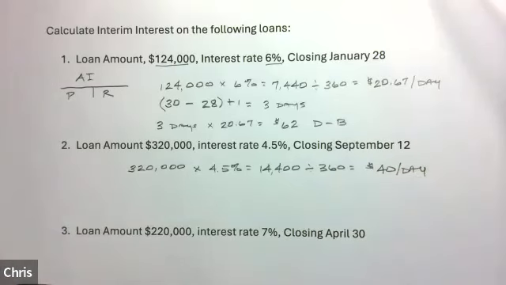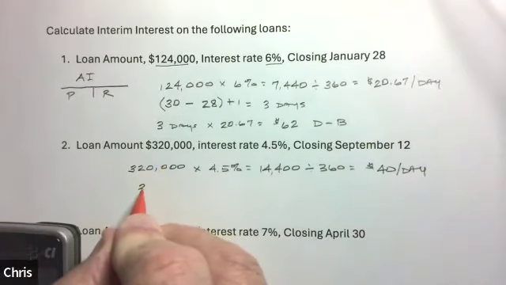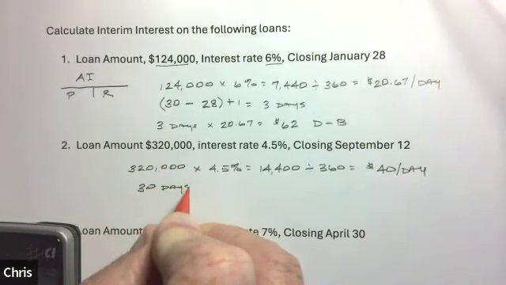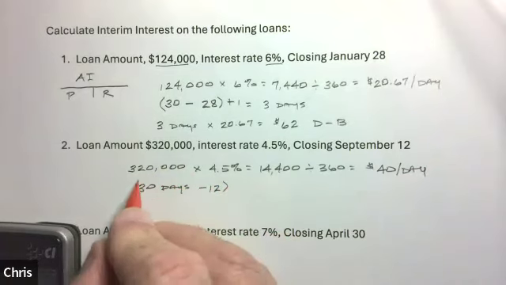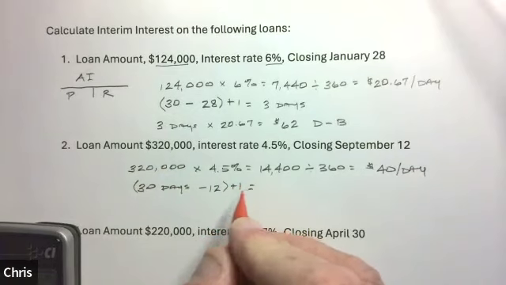We're closing on September 12th, remembering, of course, that interim interest is a calendar month proration. So 30 days in September minus 12, the closing date. And then when it comes to interim interest, we add the day of closing because the buyer is responsible for that as well.